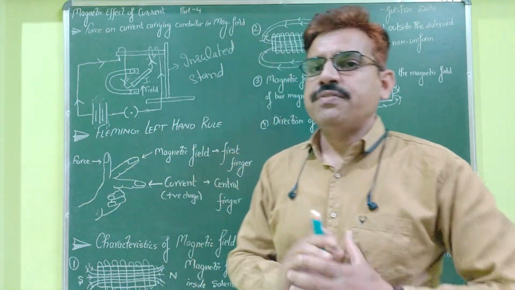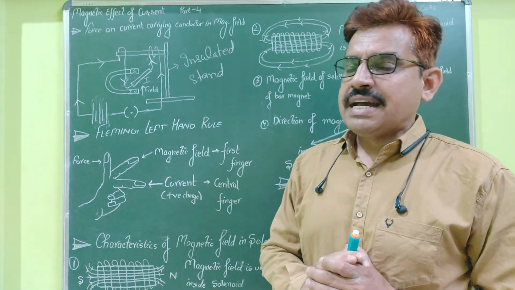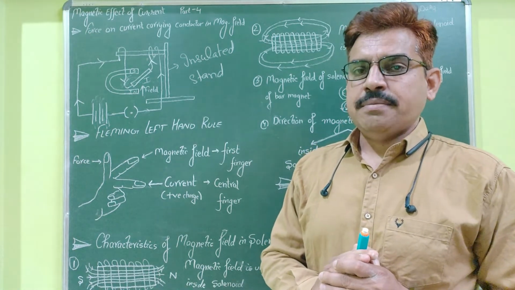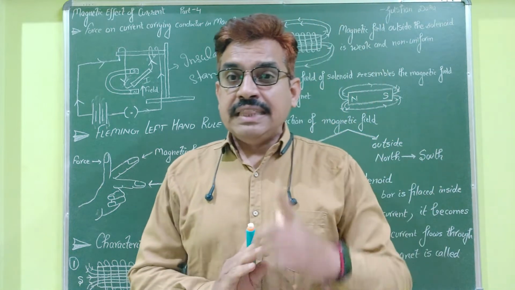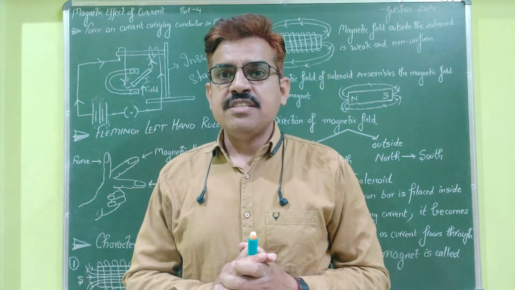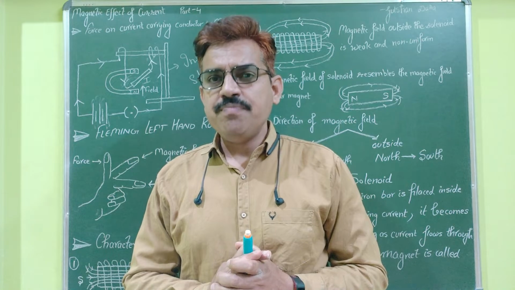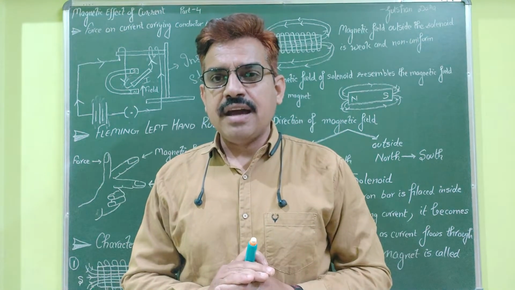I also want to share with you that if the current carrying conductor and the magnetic field are perpendicular to each other, then the conductor experiences the maximum force. Why maximum? We will discuss that in higher classes.